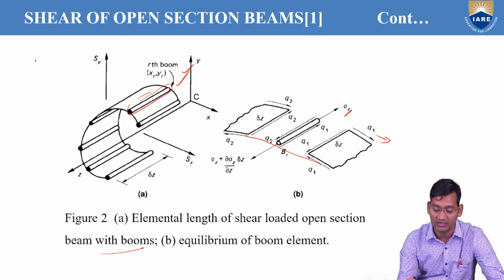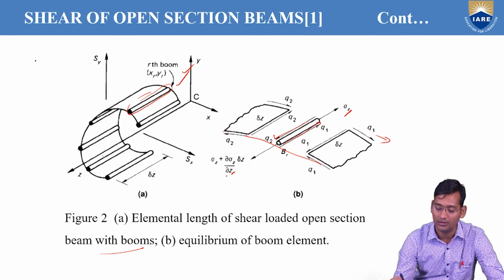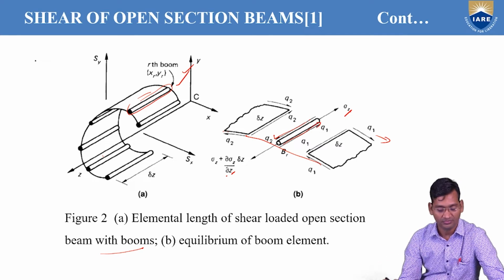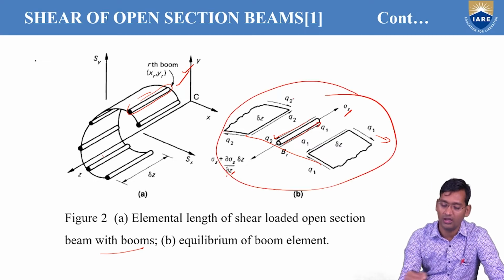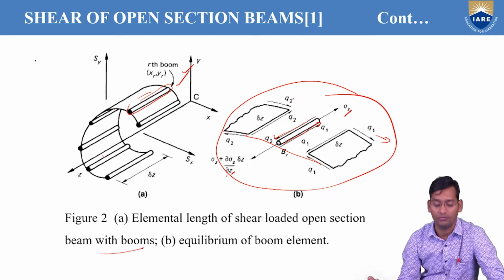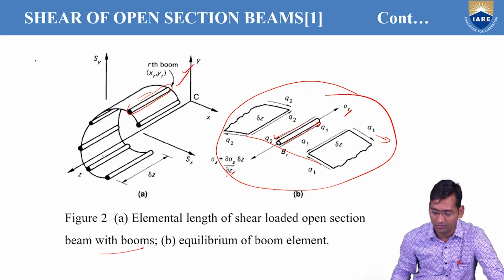So sigma z plus dou sigma z by dou z into delta z will act here. Our Q2 will act in this direction and Q1 will act in this direction. Now for this figure we have to find the same as we have seen in the previous video.